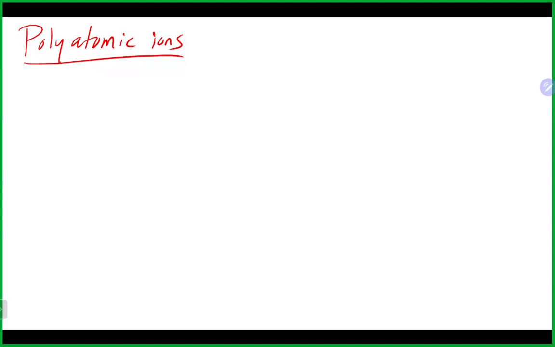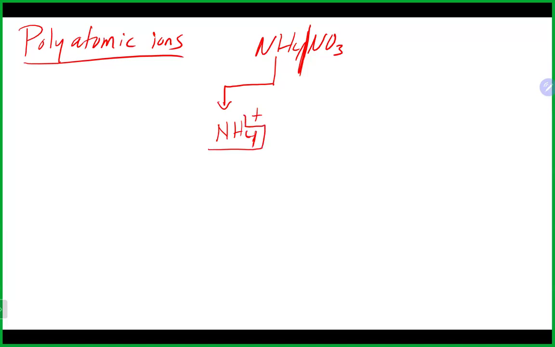So I think at the end there, we looked at NH4NO3, for example. And again, if you broke this up right about there, we have two polyatomic ions, that is NH4 with a +1 charge. And once again, that nitrogen and 4 hydrogens will not break apart.